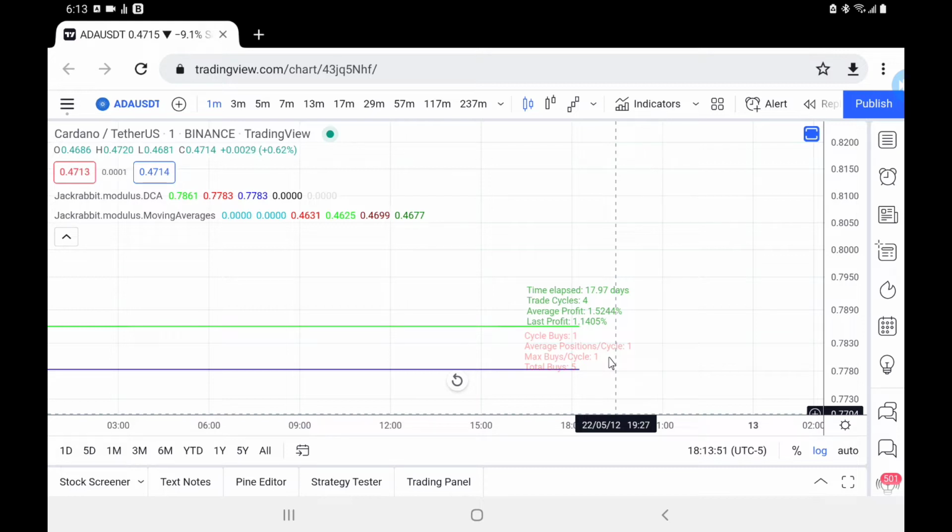So if you remember my last video when I talked about the difference between an aggressive and defensive budget, this particular approach can work very well with an aggressive budget, but only if you use a good quality coin with a market cap above 1 billion.